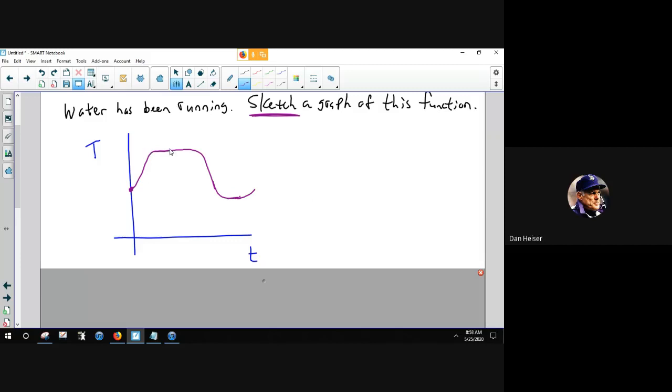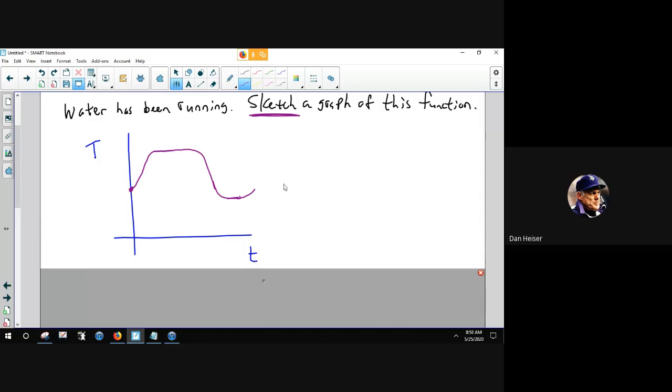Sooner or later, if you let it run way too long, it's going to run out of hot water and that temperature will drop back to whatever it was, possibly even a little lower than what it was, because it's got to bring in new water from the outside, from outside its storage tank. And that's typically a little colder than what was in there to begin with.